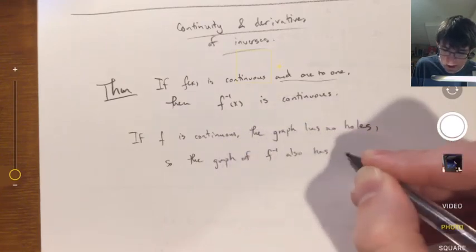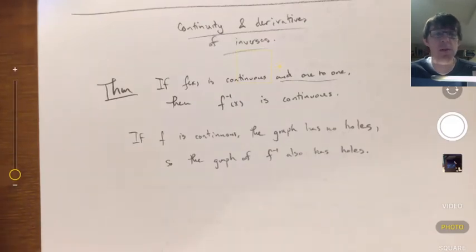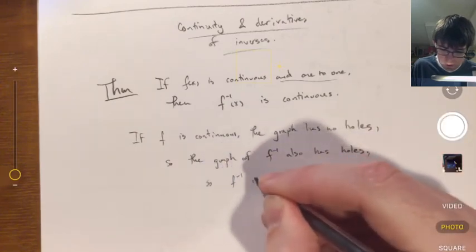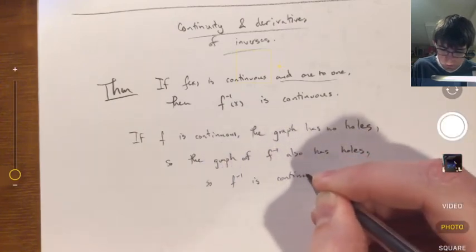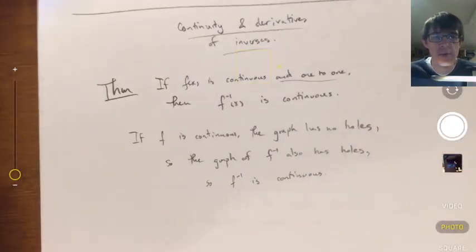That's because the graph of f inverse is obtained by reflecting the original graph of f, right? And so if there's no holes in what you're starting with, and you do this reflection thing, there's still going to be no holes in it, all right? That's the idea. So the graph of f inverse has no holes, so f inverse is continuous. Right? This is my informal explanation of why that theorem is true, because the graphs play nice when you do the reflection thing.